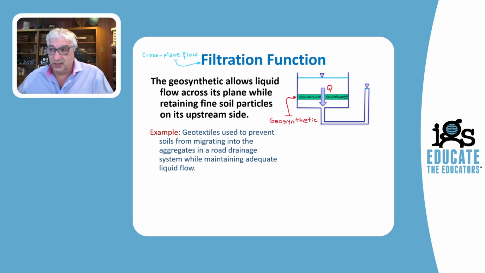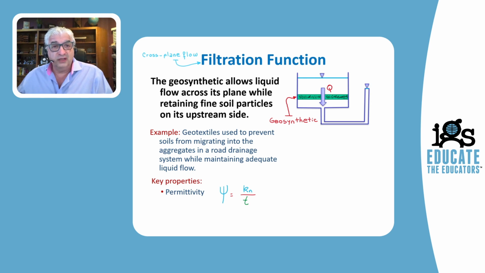A good example is a geotextile being used to prevent that soils migrate along with the water into a drainage layer. What are the key properties? One is going to be what we're going to call the permittivity, which is the hydraulic conductivity of the geotextile in the normal direction divided by the thickness of the geosynthetic.